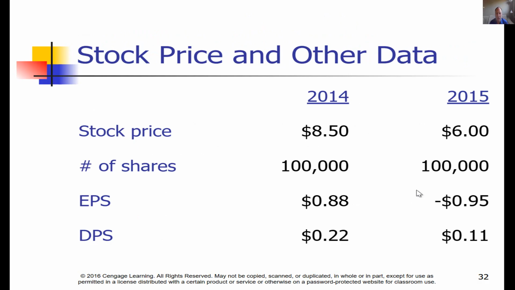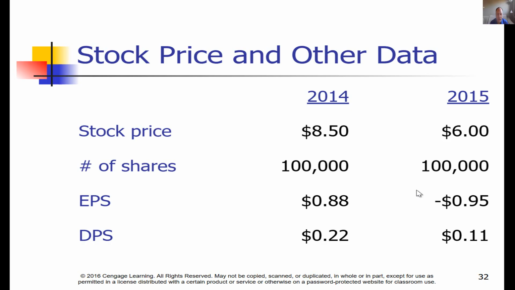Other data for the company, you can see that the stockholders have not responded positively to this expansion since the stock price has gone down from $8.50 a share in 2014 to $6 in 2015. The number of shares has stayed the same. The earnings per share, which is net income divided by the number of shares, was positive in 2014 at 88 cents, is negative in 2015 at negative 95 cents.